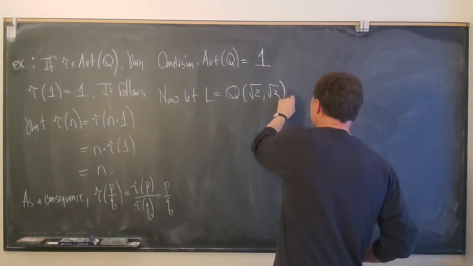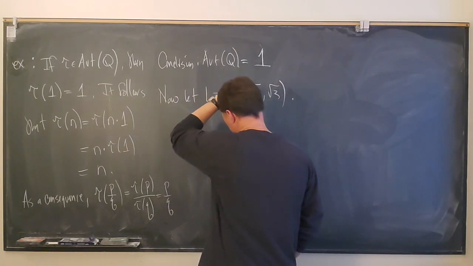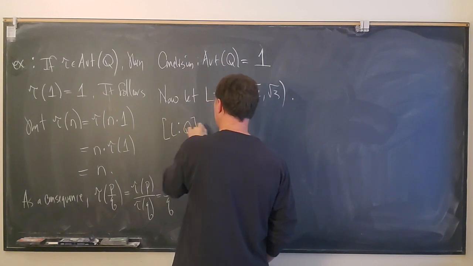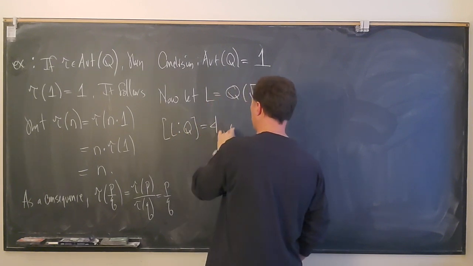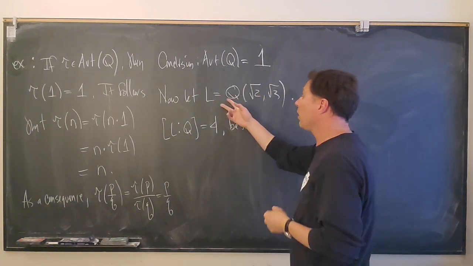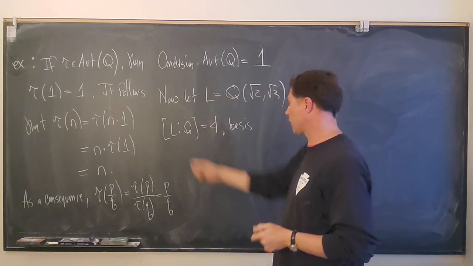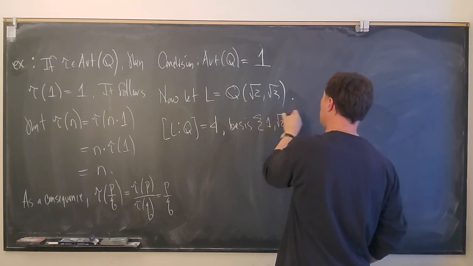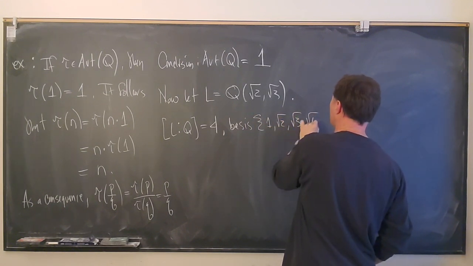We've looked at this example before. We know that the degree of the extension L over Q equals 4, where the basis for L as a vector space over Q consists of 1, square root of 2, square root of 3, and square root of 6.